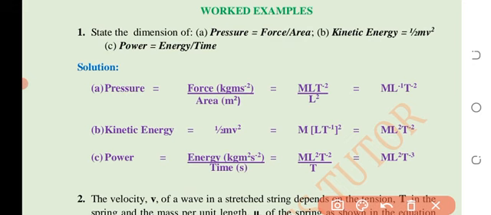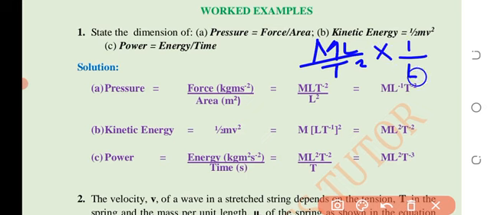Okay, let me do it in a way that will be very, very clear. It means you're having ML over T square divided by L square, and mathematically we know that this will just be equal to 1 over L square.